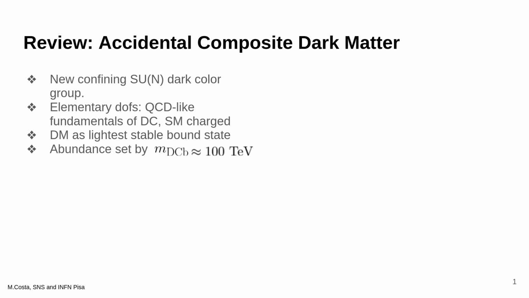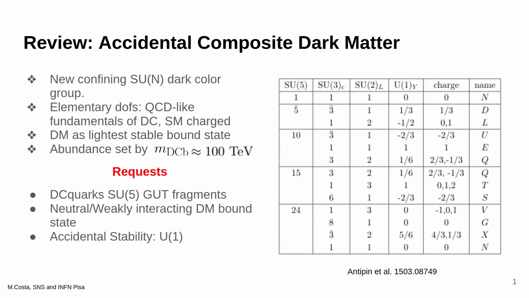So, if one wants to classify these models, some assumption must be made, as was done in the original ACDM work by Antipin et al. They considered dark quarks with standard model representations that came from SU(5) grand unification fragments, as shown in the table.